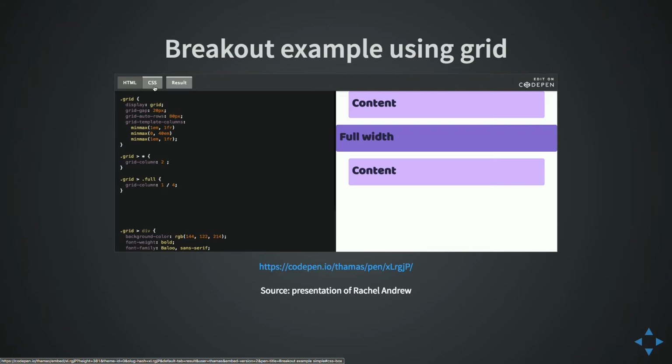And the first line is display: grid. And that's the trick. After that, I have some rules to define the gap and the rows and the columns. We will talk about it later. And then just set all the items to some part of the grid. Here, here, and here. These go to the middle column, and this is the fourth.